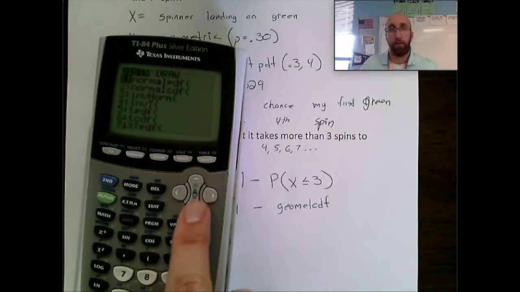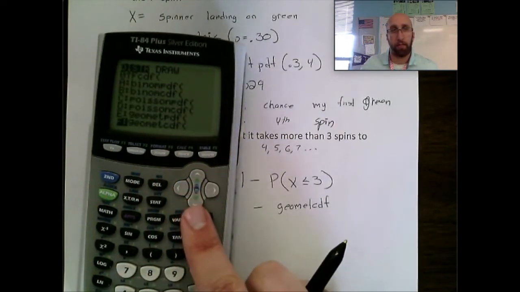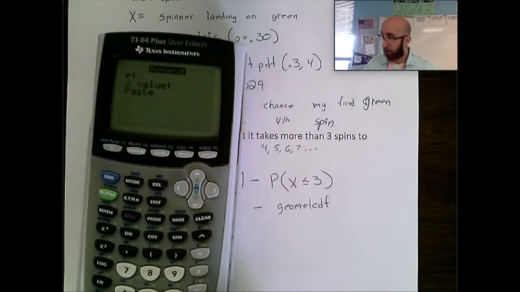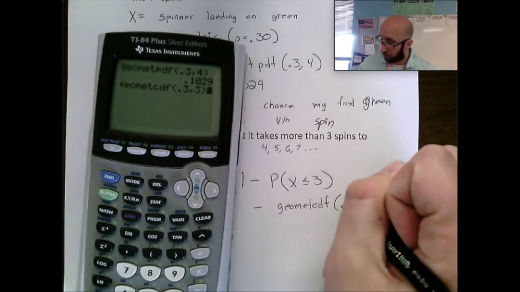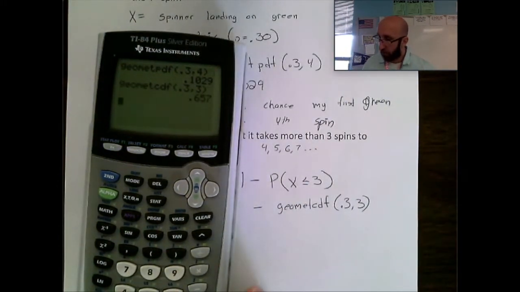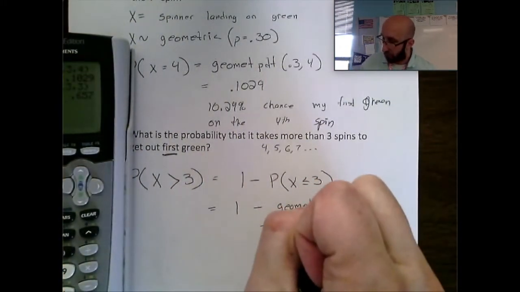Second distributions, scroll on down, geometric CDF. We put in our success probability is 0.3. Our x value is going to be 3 as well. And let's hit enter. So we're talking 0.3 comma 3. I get 0.657.